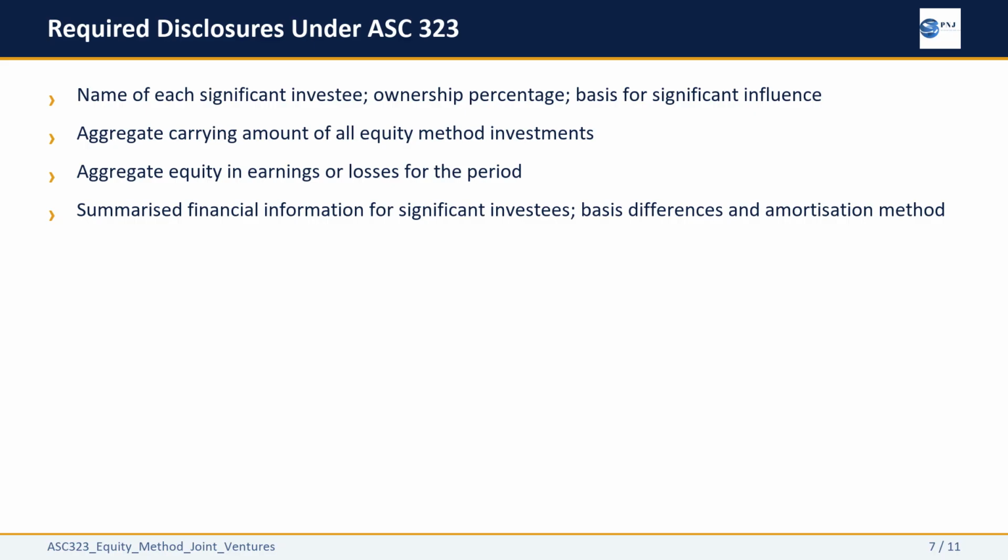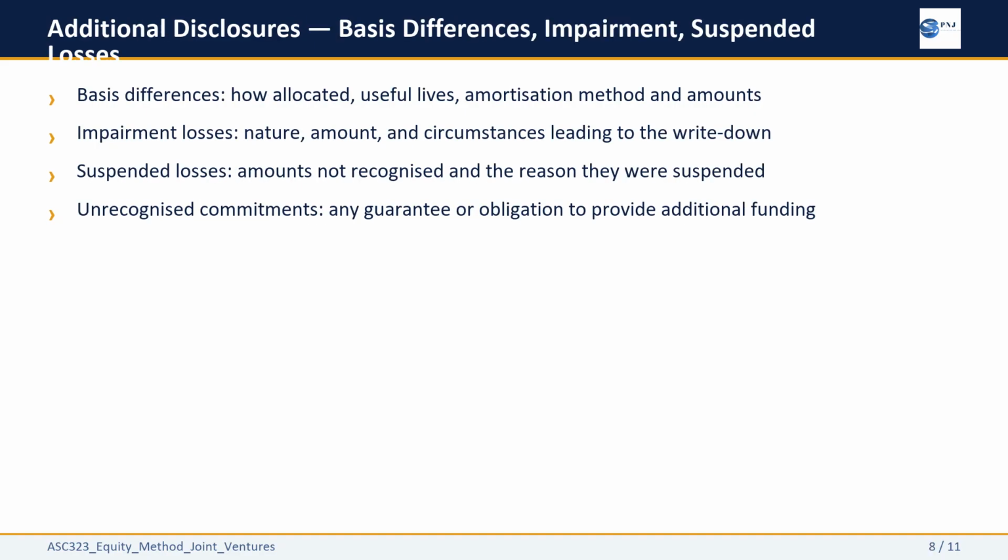You also provide aggregate carrying amounts and aggregate equity in earnings or losses for the period. For significant investees, you include summarized financial information, balance sheet, and income statement data. Or, if the investee is a public company that files with the Securities and Exchange Commission, you may reference those public filings instead. Watch out for this one.